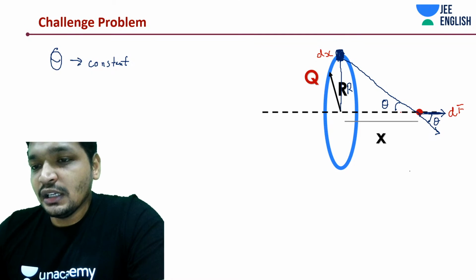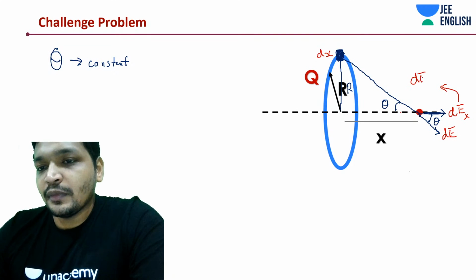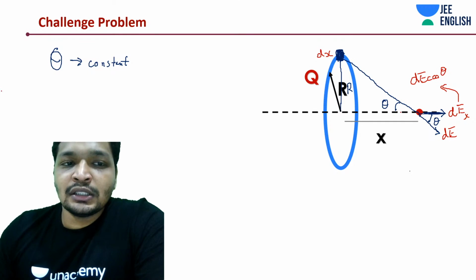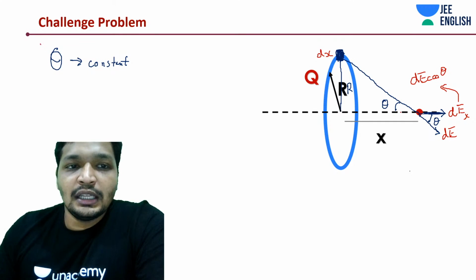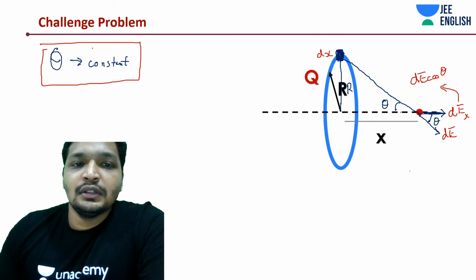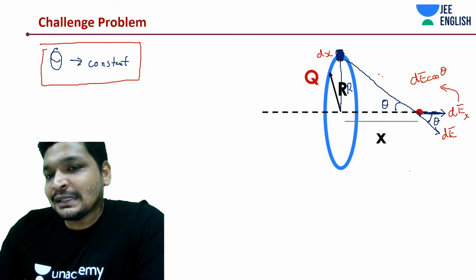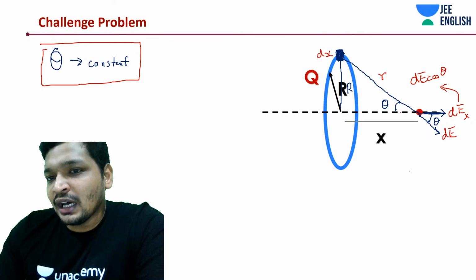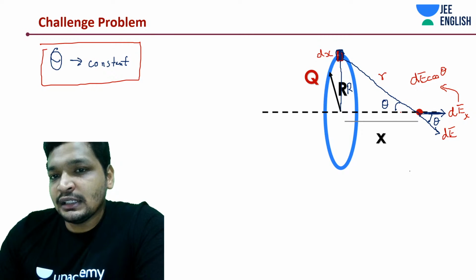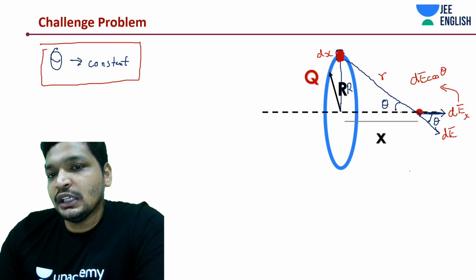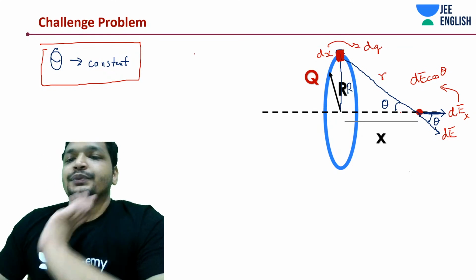This is d. This is dx. How much is dx? dx is d cos theta, and as I told you, theta is constant. Don't forget it. This is some distance r. How much is this r? This dx element has a charge of dq.